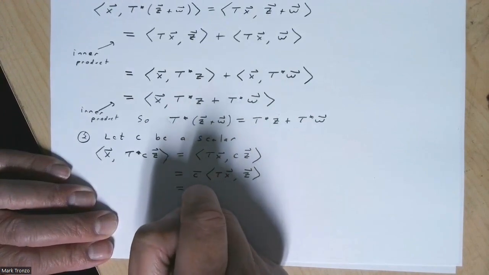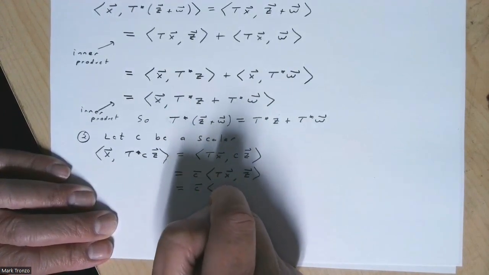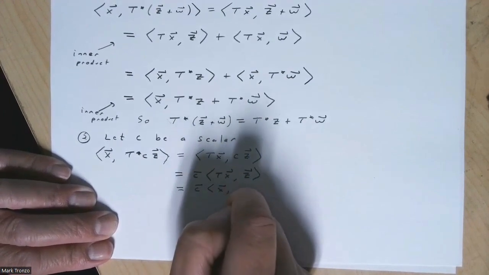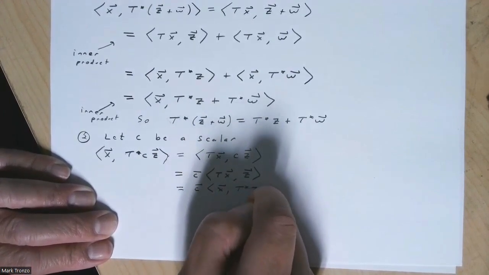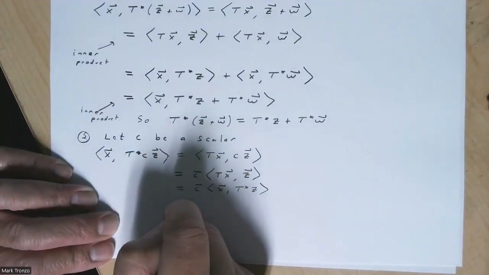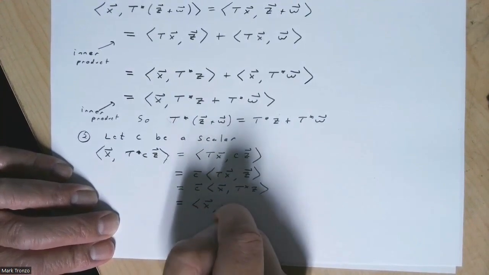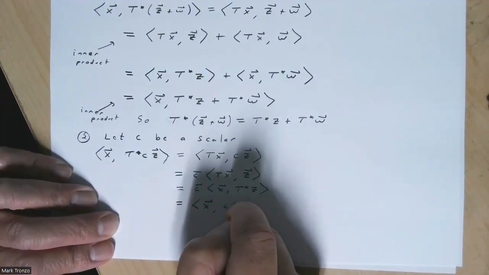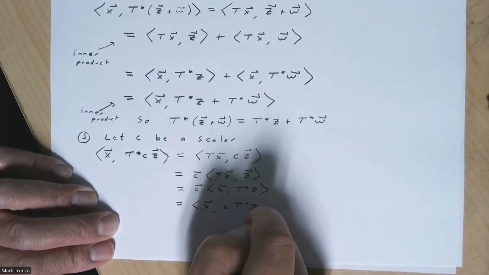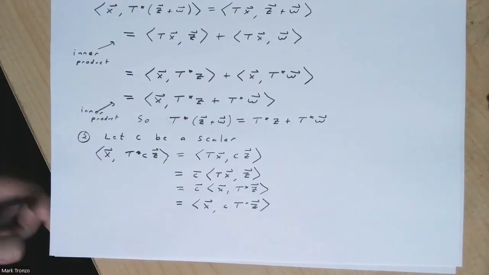And then down here, again, use the definition of the adjoint. Like this. Finally, the definition of the inner product. Like this.